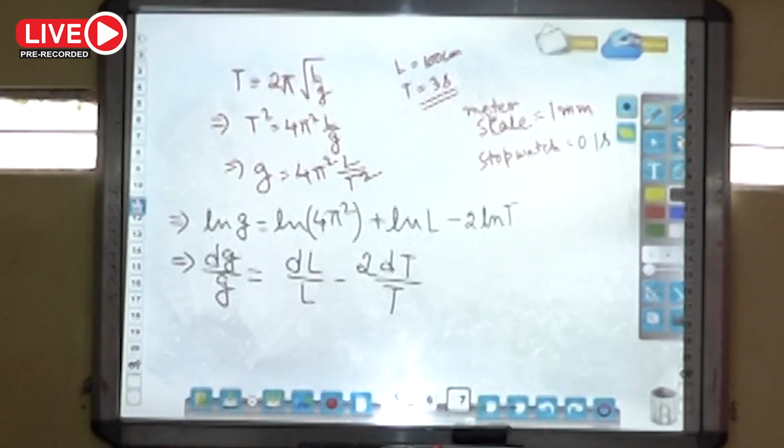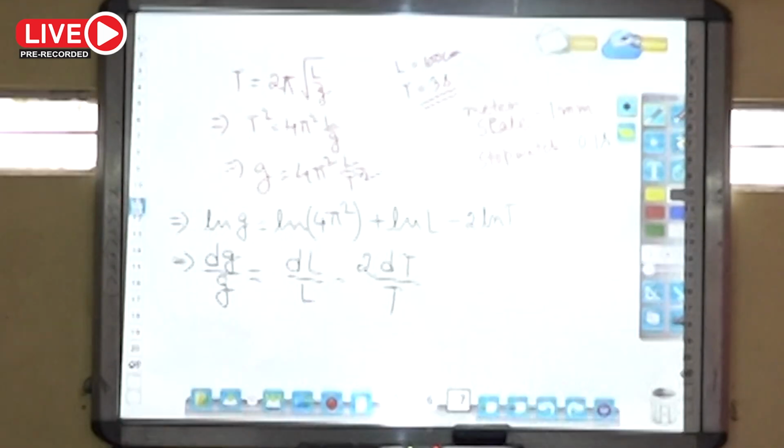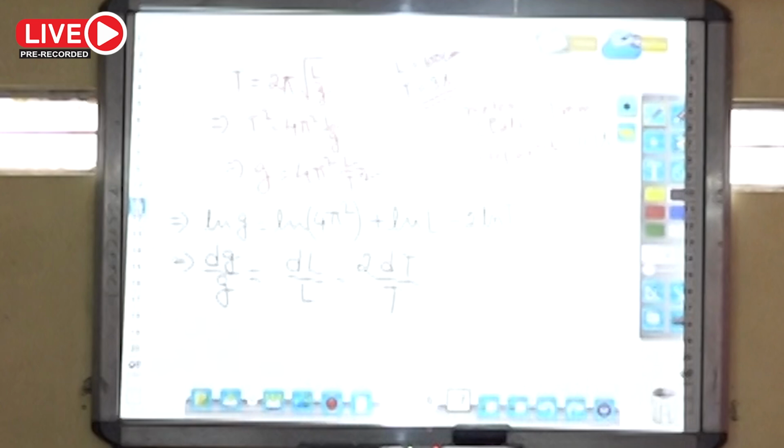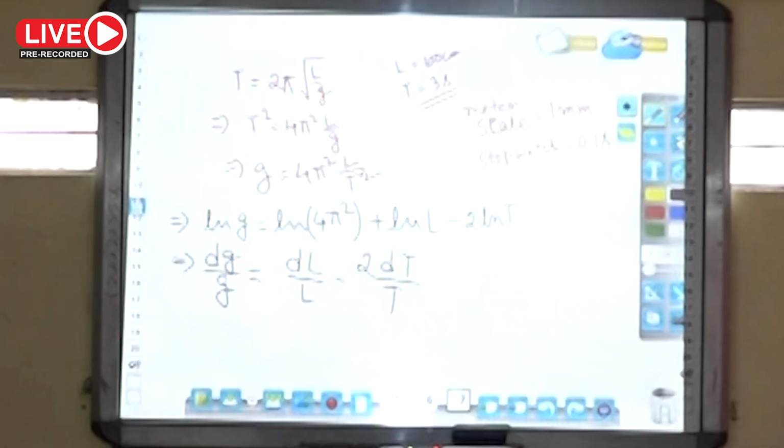but this is not the maximum proportional error. Maximum error means the possibility of the error will be highest. And if there is a minus sign, and you are making mistakes on both sides, it may happen that they will cancel each other and you will get the correct value.